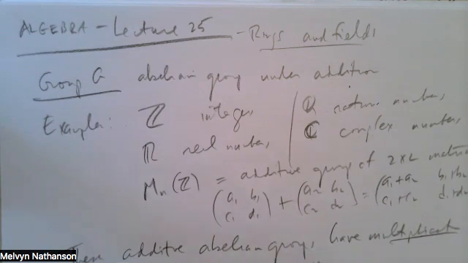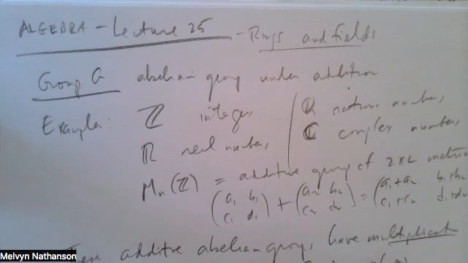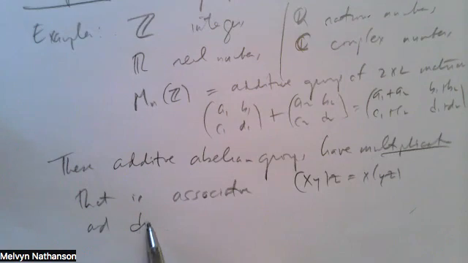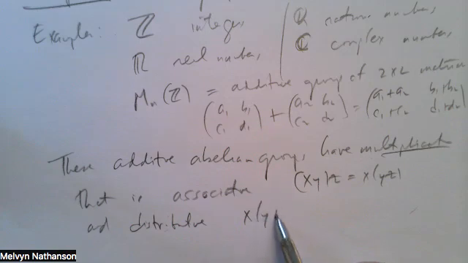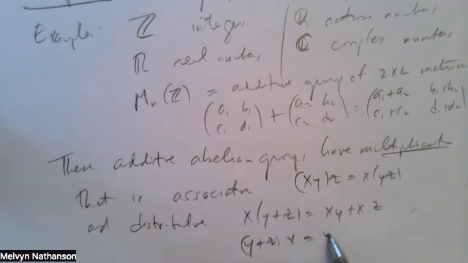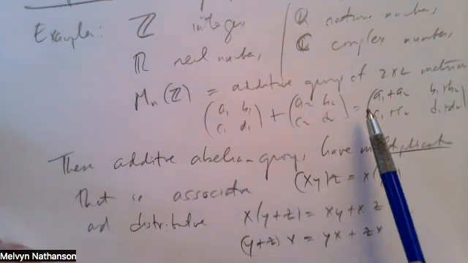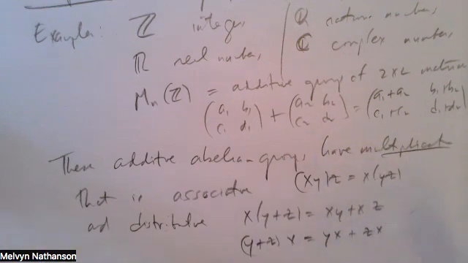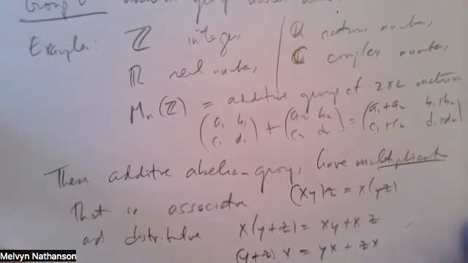So xy times z is x times yz for all x, y, and z, and distributive in the following sense: x times (y plus z) is xy plus xz, and (y plus z) times x is yx plus zx. So these abelian groups under addition happen to also have defined on them a multiplication that's associative and distributive.